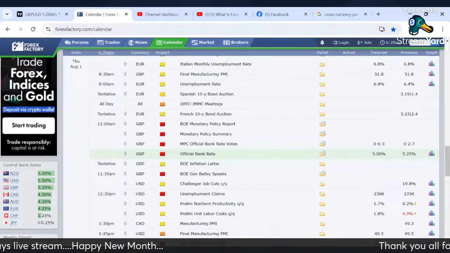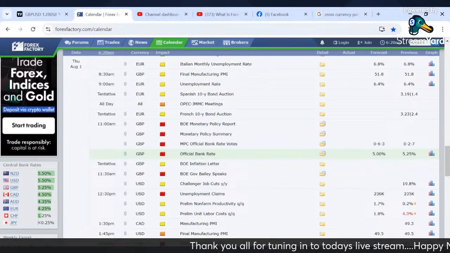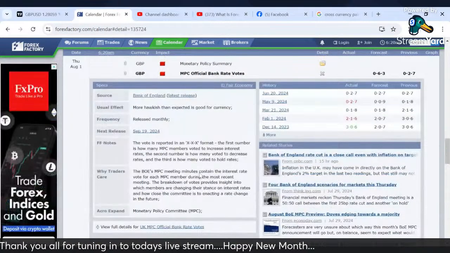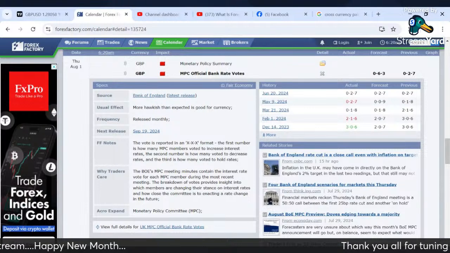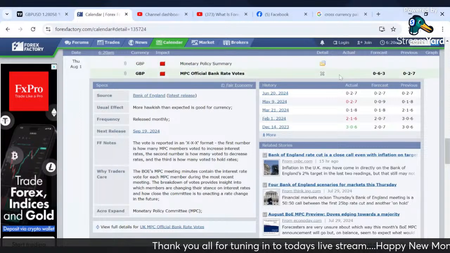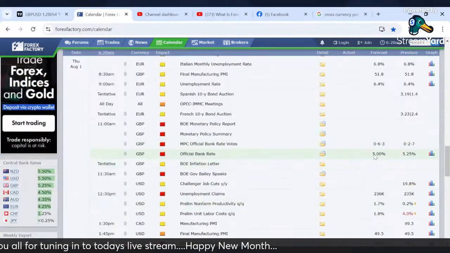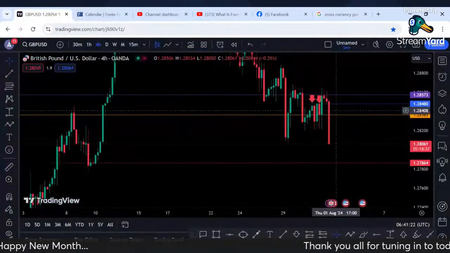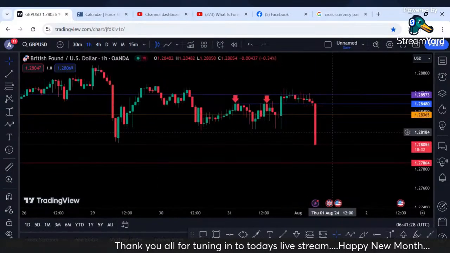If they reduce interest rate, there will be weakness. If this projection goes according to what they are planning, the pound needs to be weaker. I don't know whether it has been priced in. That's why we are seeing major movement this morning.